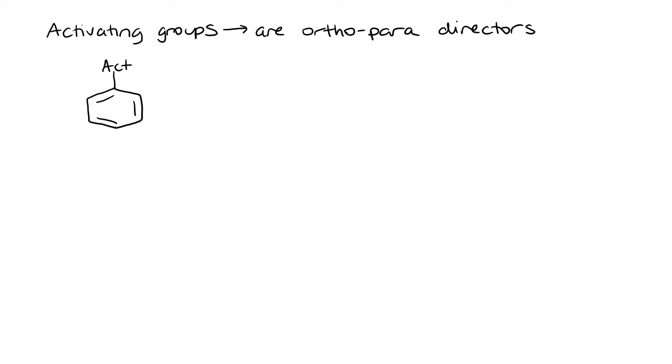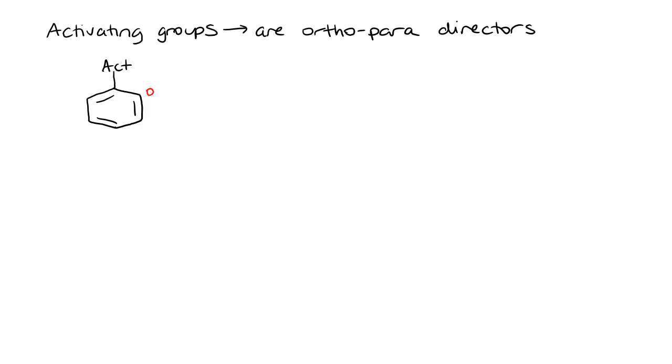Now, activating groups are known as ortho-para directors. And what this means is if we have an activating group attached to the benzene ring, any sort of incoming group that's going to be attached will go to either the ortho or the para position.